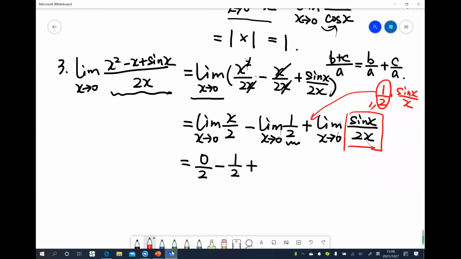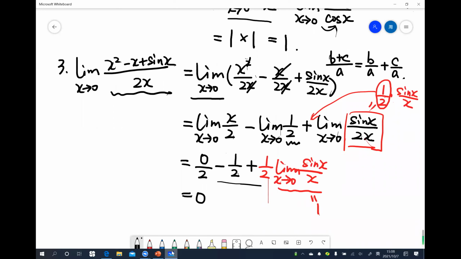So that equals 1 by 2 times the limit as x approaches 0 of sine x by x. And here we can use the formula, this part equals 1. So we know the final result, that is minus 1 by 2 plus 1 by 2. So that equals 0.